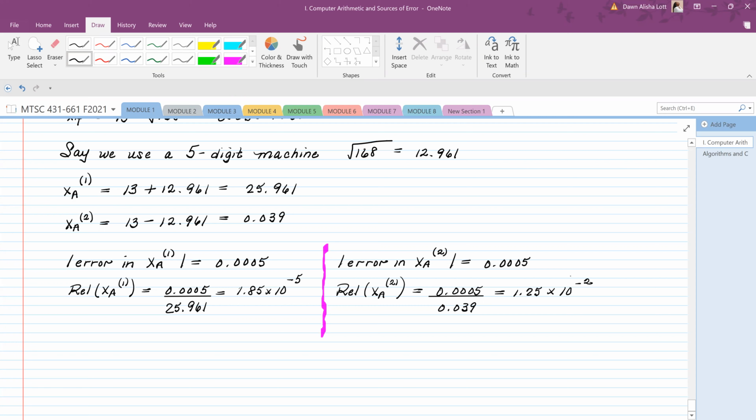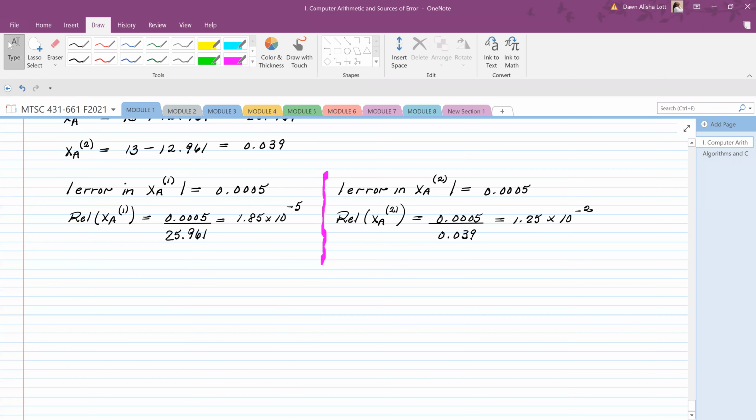And that is huge. Okay. So this relative error is large because digits were lost in the subtraction.